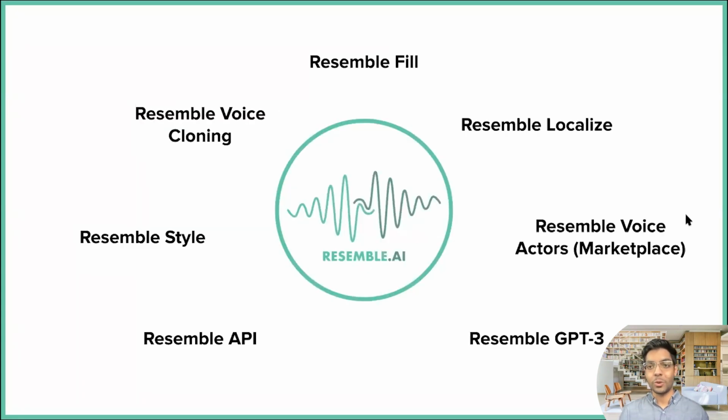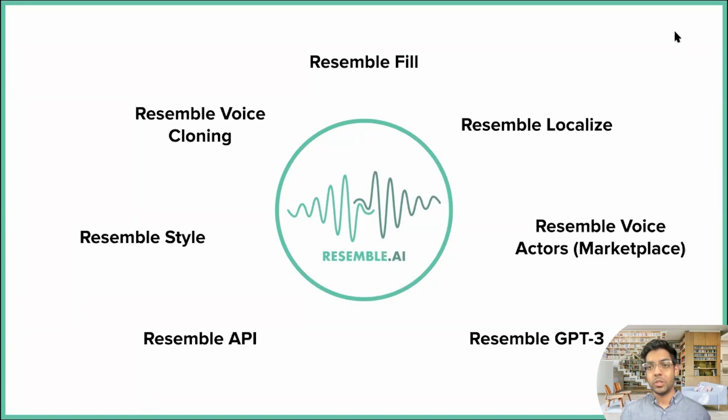We have so many different things that we're working on, but I just wanted to give a little bit of background on what we can do using our AI voice technology. With Resemble Fill, which I'll be talking about a bit today, you're able to edit audio pretty instantly, and you can edit out different words, you can create programmatic content, and then with voice cloning, that's the ability for us to clone different types of voices and create pretty high quality AI models based off that.